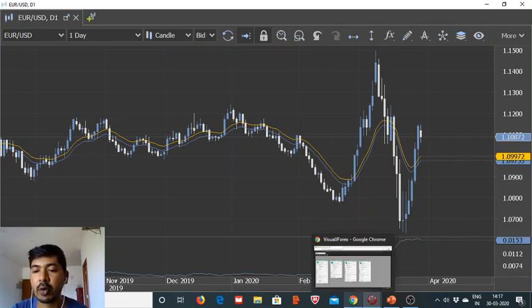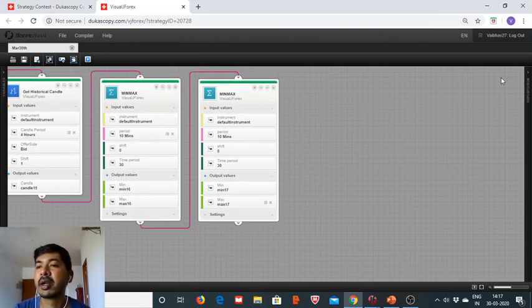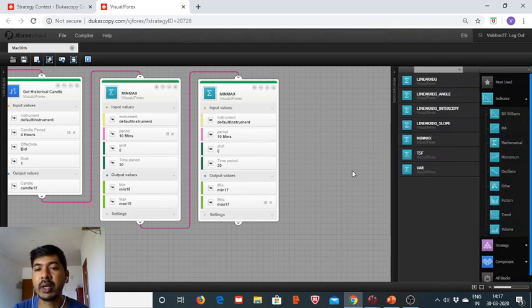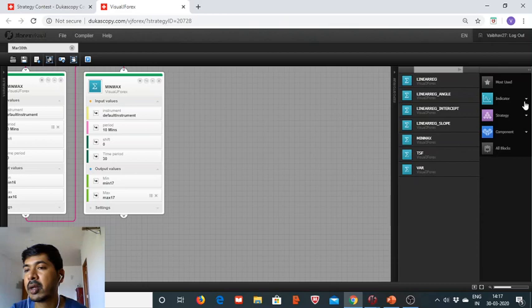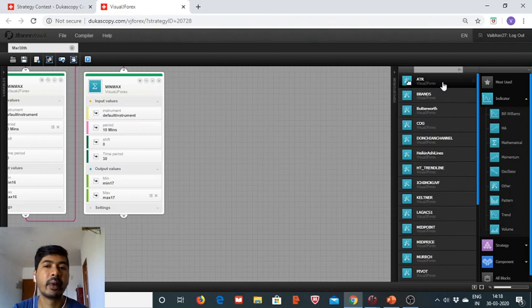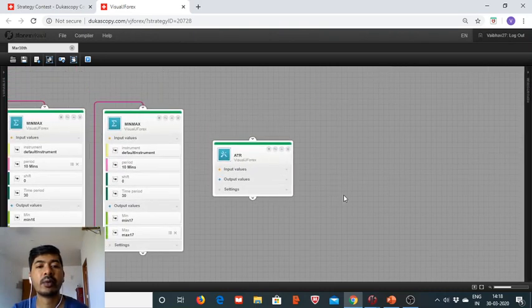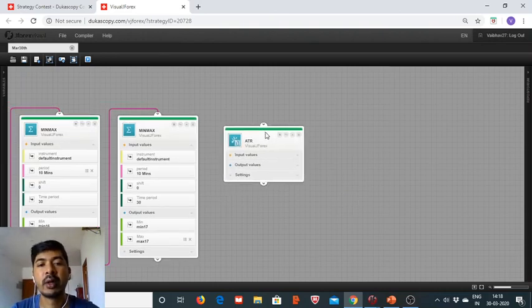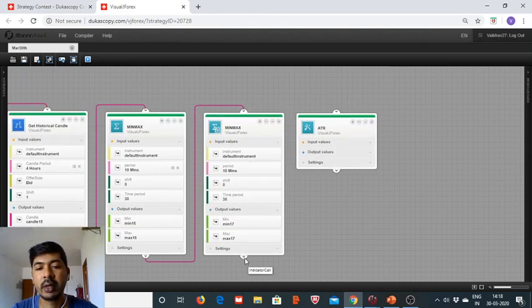So let us again go back on the Visual J Forex platform to define that requirement. We will need to bring in the ATR. So let us look for the ATR. We will need the indicator, and it is given in other. Yes, I am right here. So there is the ATR. Let us connect it.